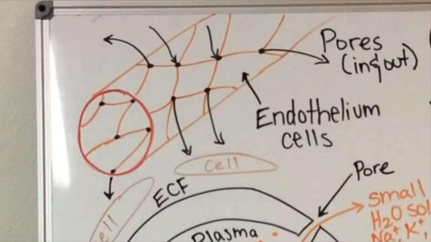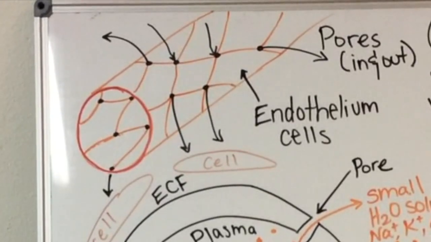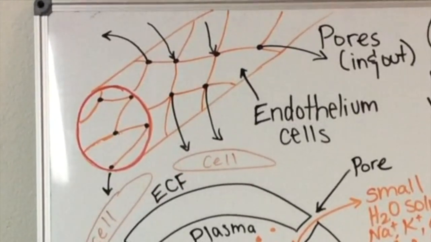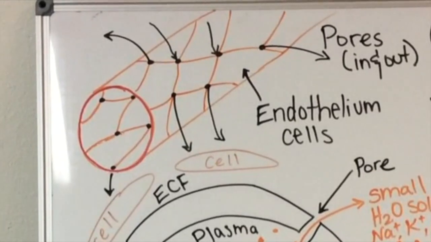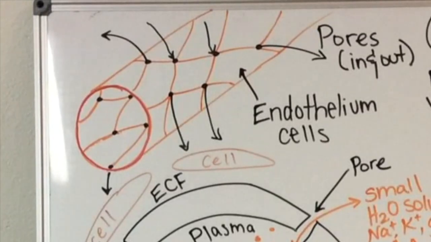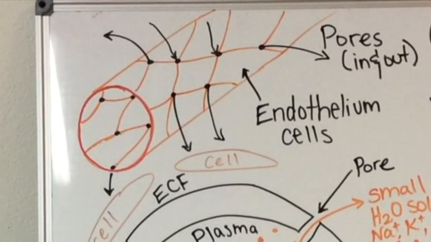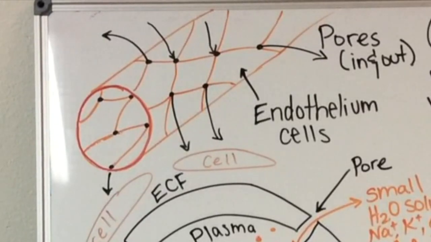If you look to the top left part of the board, you'll see that every capillary is formed with one single layer of endothelial cells. These endothelial cells are in direct contact with the endothelial cells to the left, right, top, and bottom of them. In the apexes where the endothelial cells meet, there are small pores that are filled with water.